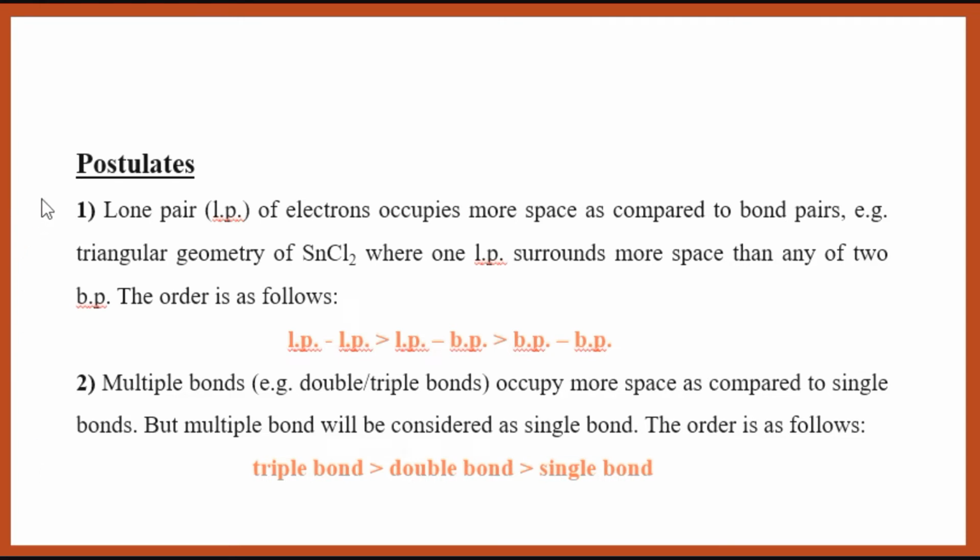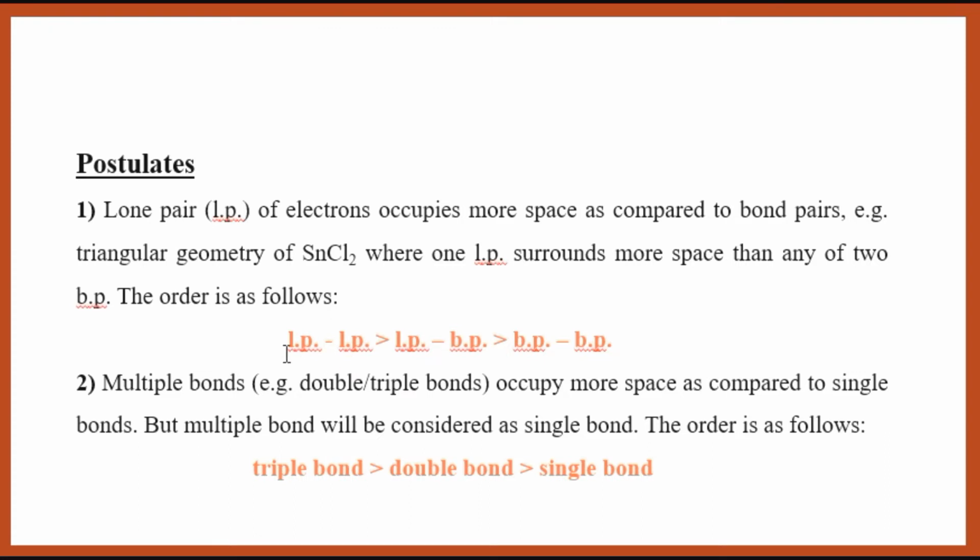Now, we move towards its postulates. The first postulate is that the lone pair of electrons occupies more space as compared to the bond pairs, and the order for the interaction between lone pairs and bond pairs comes out to be: the lone pair interaction, or in other words, the interaction between two lone pairs of electrons, would be maximum, and then the interaction or repulsion between lone pair and bond pairs would be less than lone pair interaction.